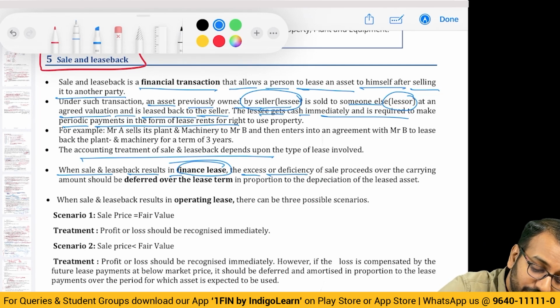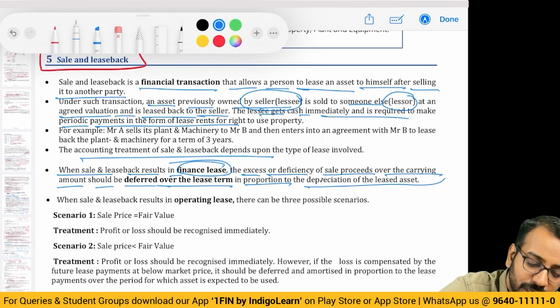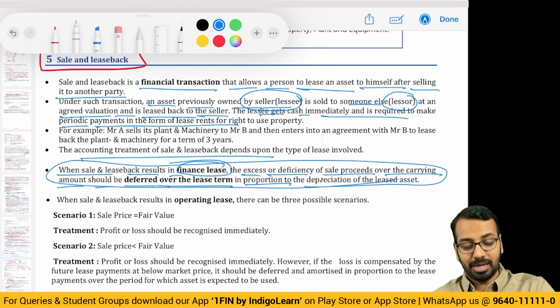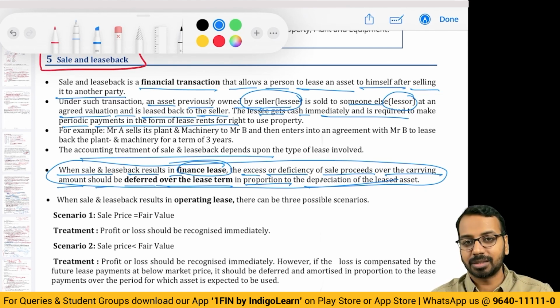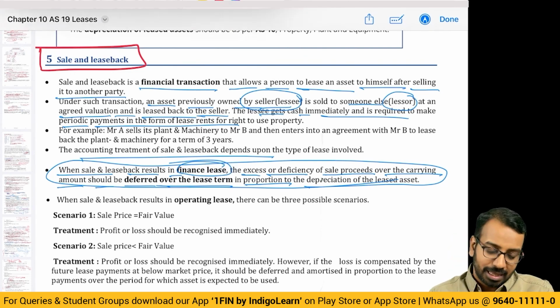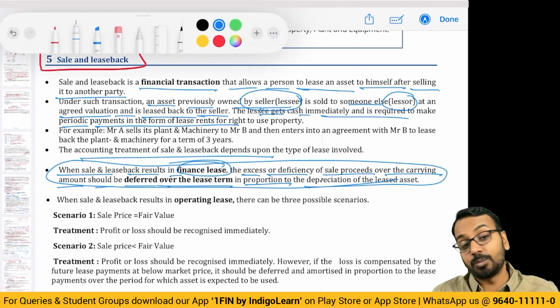the excess or deficiency of sale proceeds over the carrying amount should be deferred over the lease term in proportion to the depreciation of the leased asset. So, if it is a finance lease, let us say the building that I have sold to you has a life of 30 years, I have taken it back on a non-cancelable lease for 30 years. Means what? I am controlling the asset. The asset is with me only.